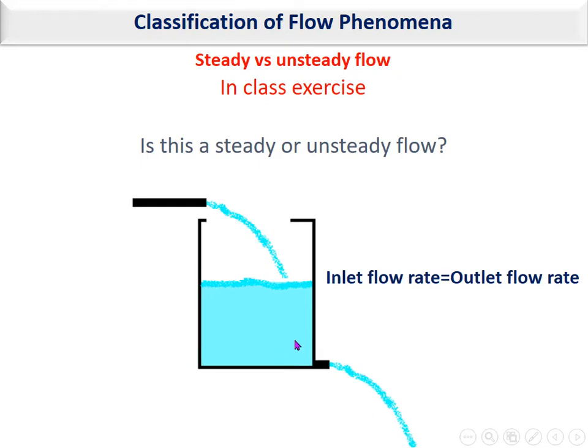But if the inlet flow rate is equal to the outlet flow rate, then the height will remain constant, and if the height remains constant, then the flow velocity here at the exit will also be constant. So in this case, the flow will be steady.